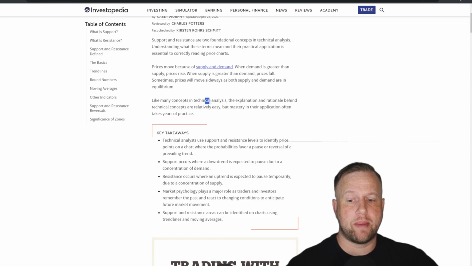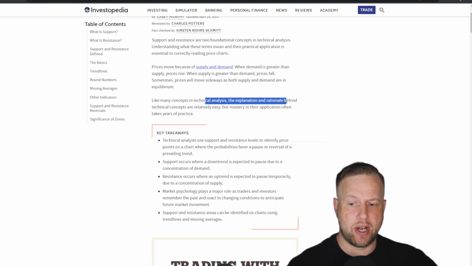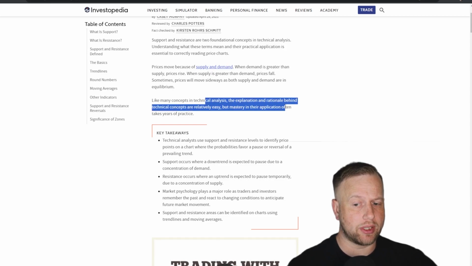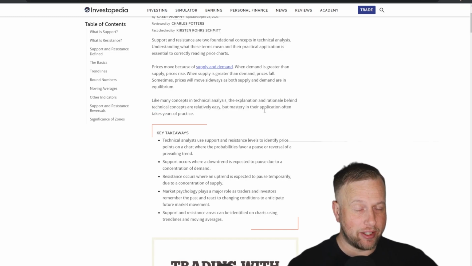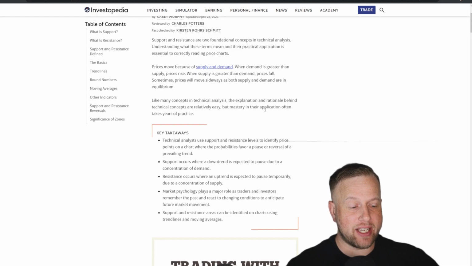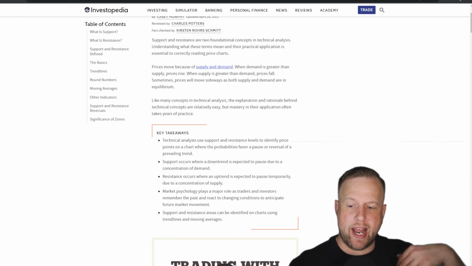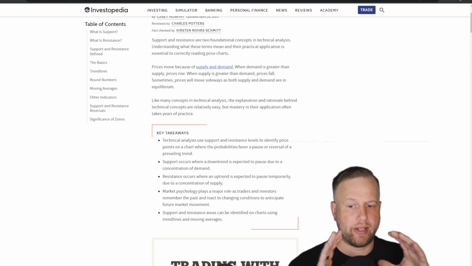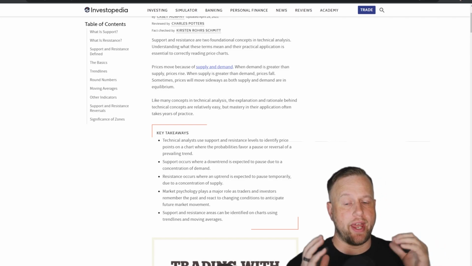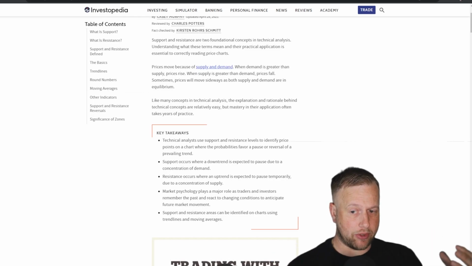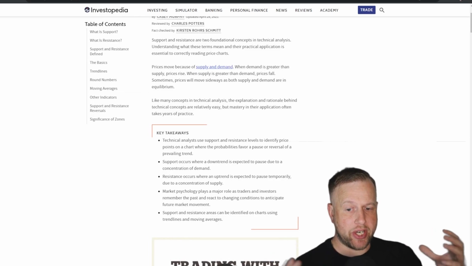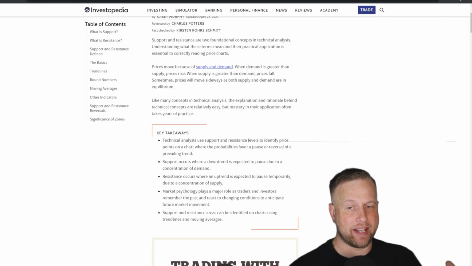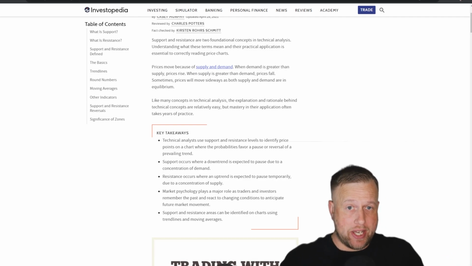Like many concepts in TA, the explanation and rationale behind technical concepts are relatively easy, but their mastery, right? Their mastery can take years. And this is something that I have been saying more and more lately to try to cement this and hit it home, is that last sentence. So the explanation, what I'm doing throughout this series, and the rationale behind TA concepts and technical analysis are easy.